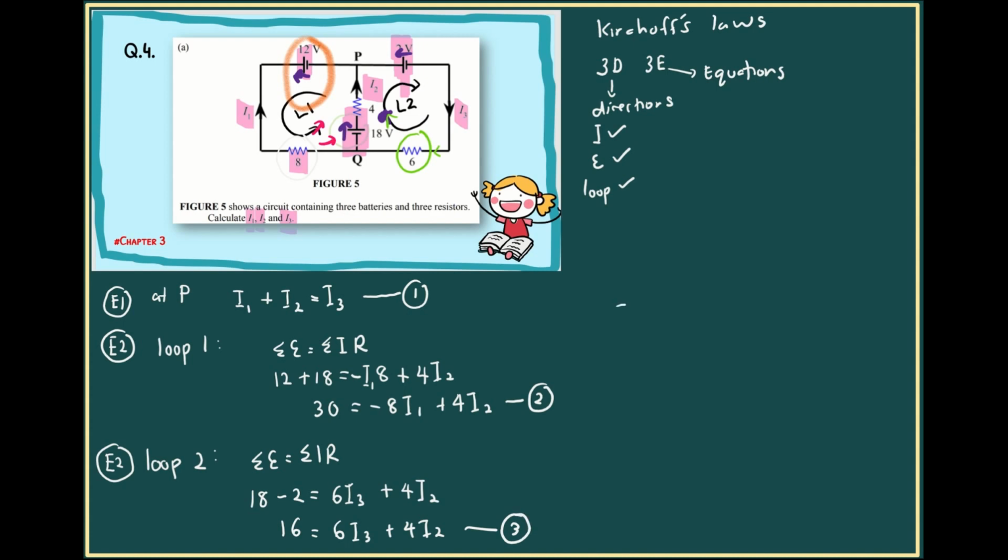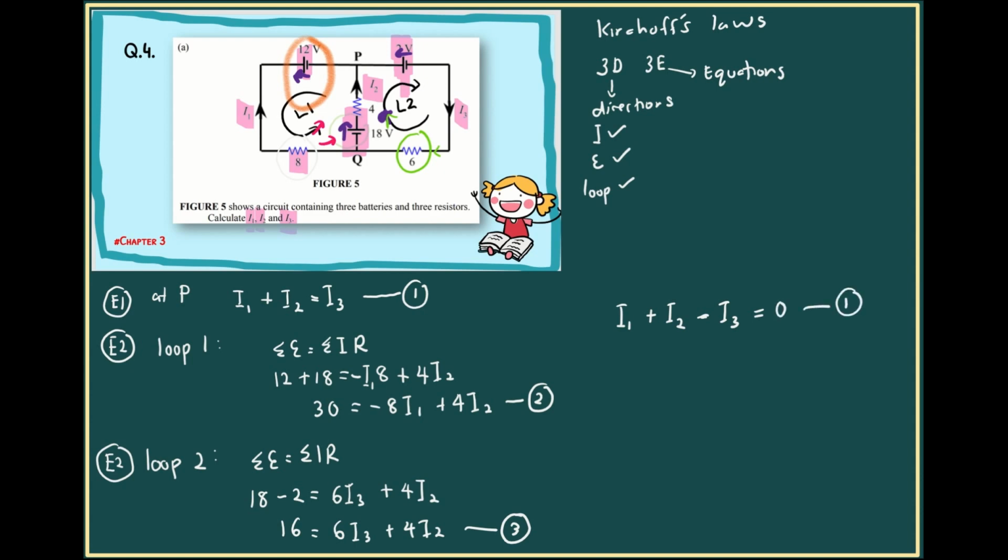Now we want to calculate the values of I1, I2, and I3 using the calculator. So we rearrange the equations so that I1 comes first, followed by I2 and I3, minus I3. This is your first equation.